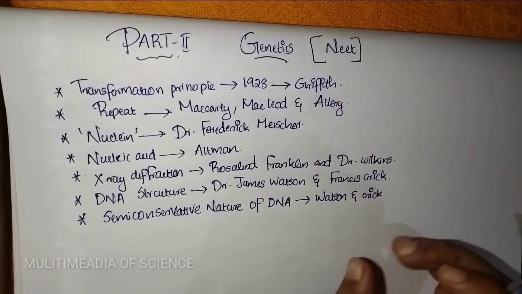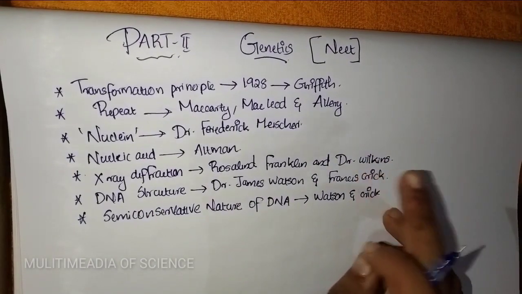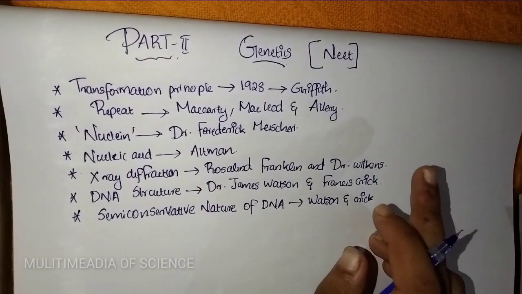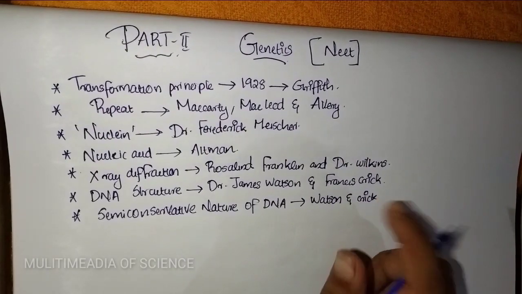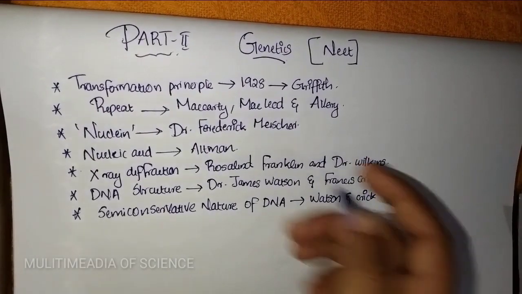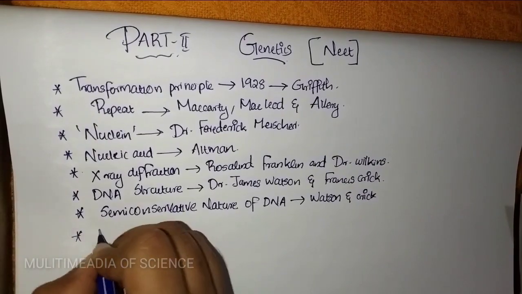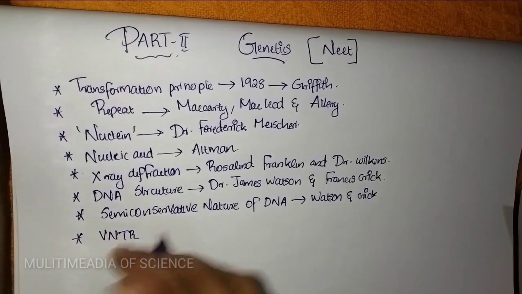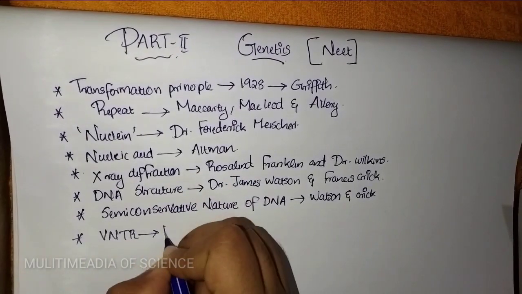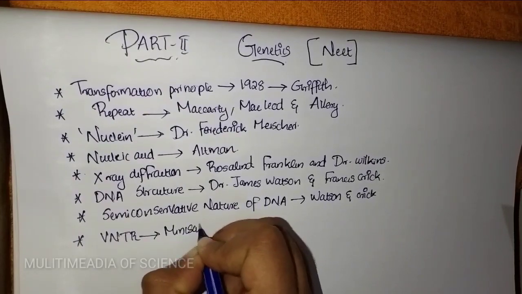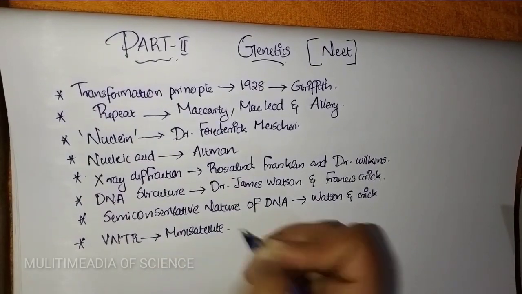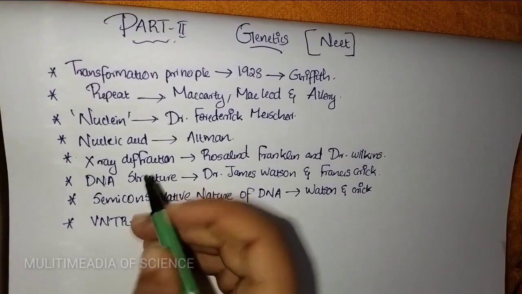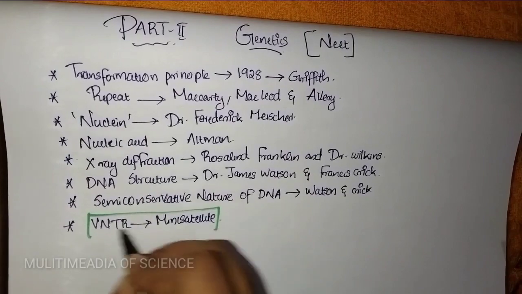Next is VNTR. In the last section of genetics, the molecular basis of inheritance chapter in the plus two genetics, we discussed satellites, that is mini satellites, VNTR. VNTR stands for variable number of tandem repeats, and VNTR is an example of what?